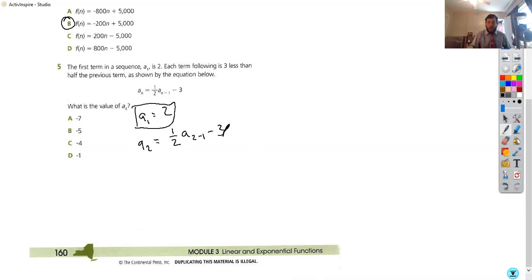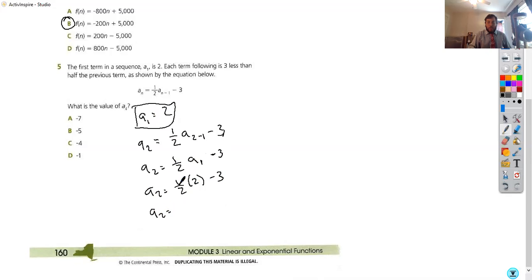This 2 minus 1 really simplifies to 1, which means we're just taking the term before it, A1, and substituting that in there. So A2 equals 1/2 times A1, which is 2, minus 3.